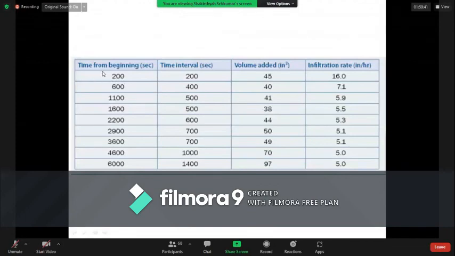Okay, from the beginning, they will give the time. So the time interval, you can calculate as the difference between these two readings. Then from the volume, I directly give the final infiltration rate in inches per hour.